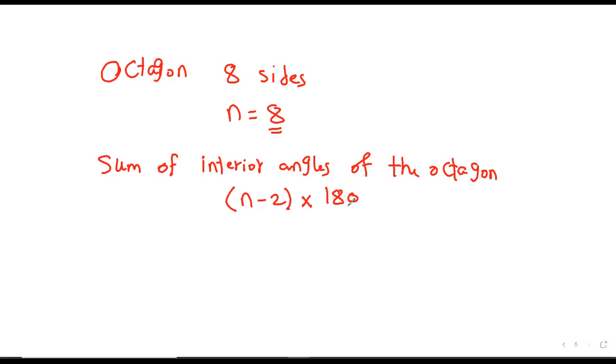The 180 is the sum of the interior angles of any triangle. Okay, so it will be n minus 2, 8 minus 2, multiplied by 180. 8 minus 2 is 6, and 6 times 180 equals 1080.